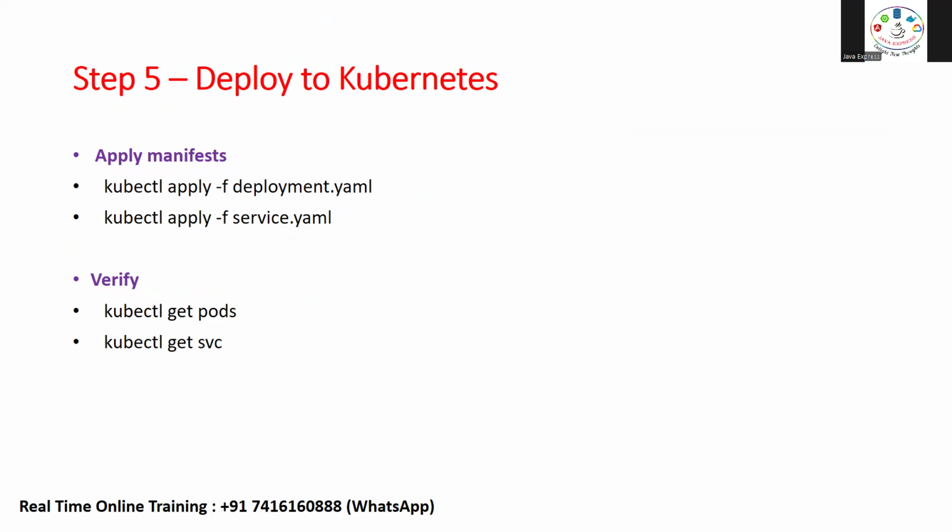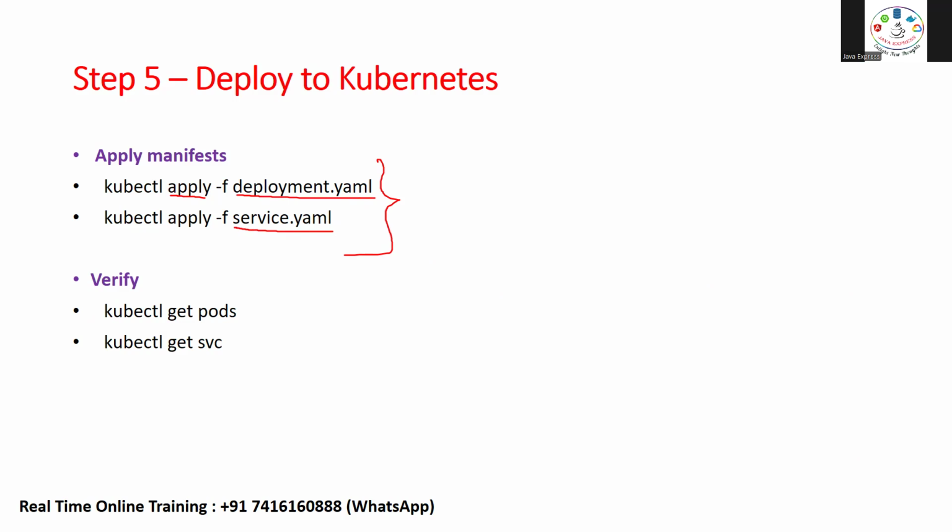This is our command to deploy any Spring Boot application in Kubernetes: kubectl apply -f and your file name. In our use case, the spring-boot-deployment file and the spring-boot-service YAML file. This is for deployment purposes. Then we can access our application.